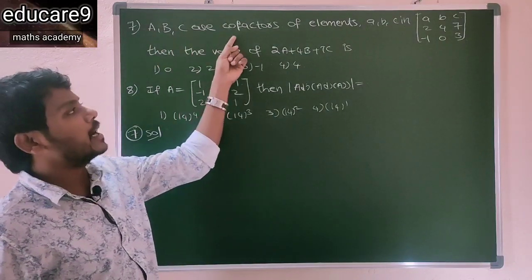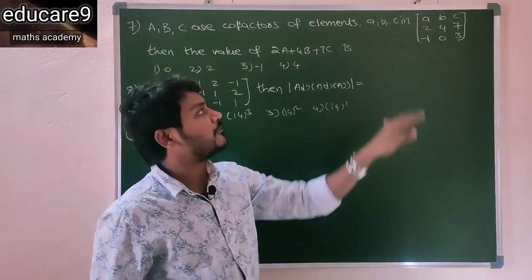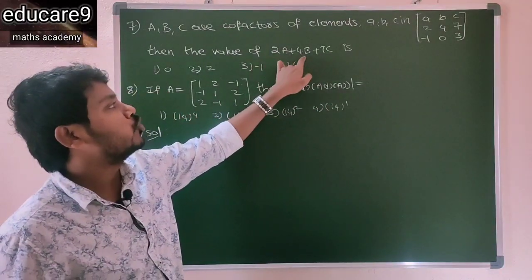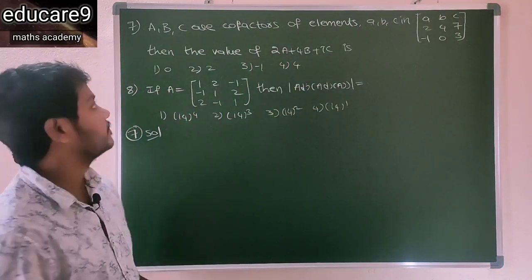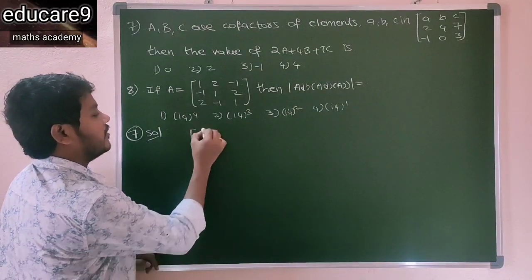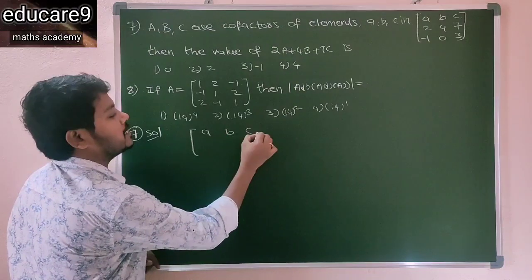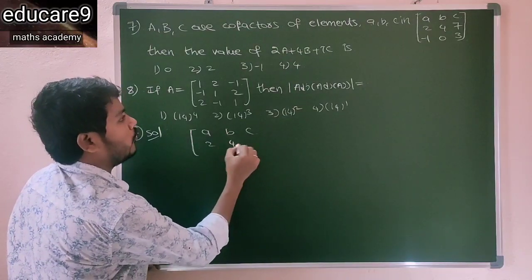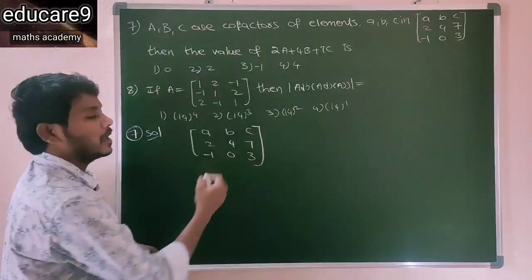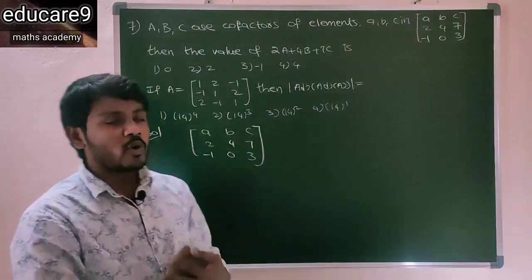So next, see the seventh one. Here a, b, c are the cofactors of A, B, C in this matrix. Then find the value of 2a plus 4b plus 7c. See here, given matrix A, B, C, 2, 4, 7, minus 1, 0, 3. Here small a is what?